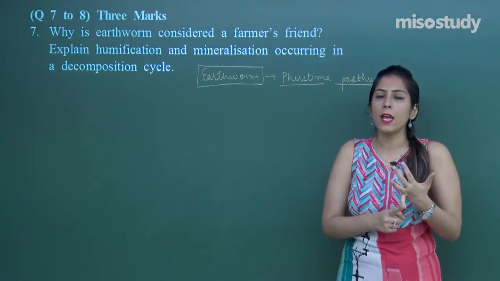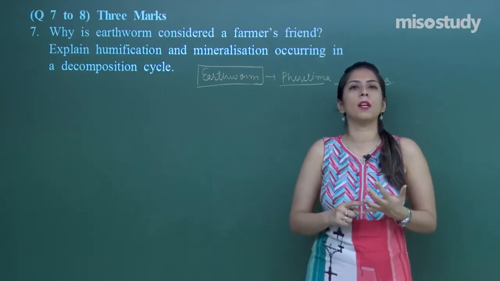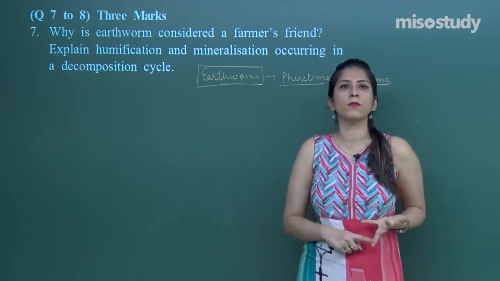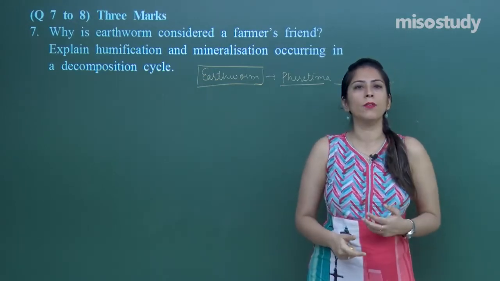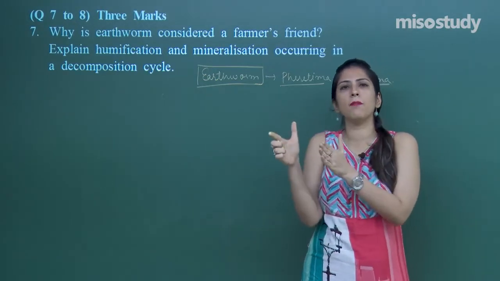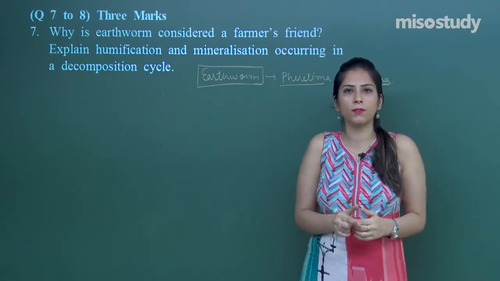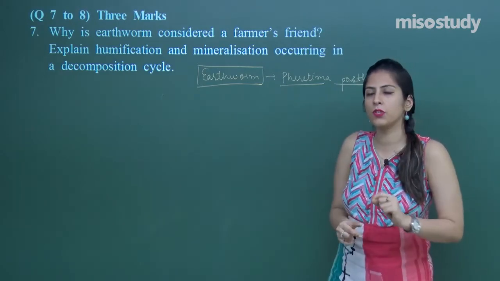The whole NPK content which is good for plant growth, that is nitrogen, phosphorus and potassium, is present in a very large amount in earthworm cast. This is the first function.